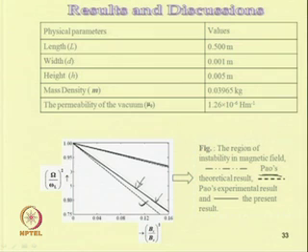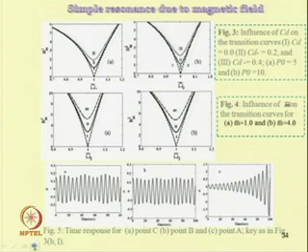So, this way one can plot the instability region, taking the magnetic field into account. This is the amplitude of the magnetic field, this is the omega by omega L term.